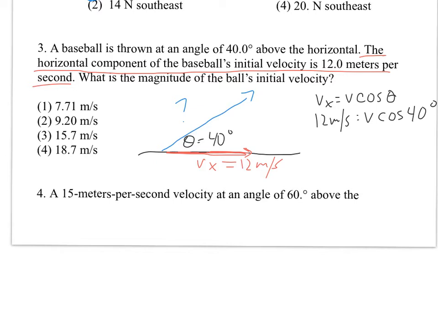Let me get my calculator for a second. Okay, so I got my calculator and we're going to solve this. So solving for V is going to get us 12 divided by cosine of 40 degrees, and V is equal to 15.7 meters per second.